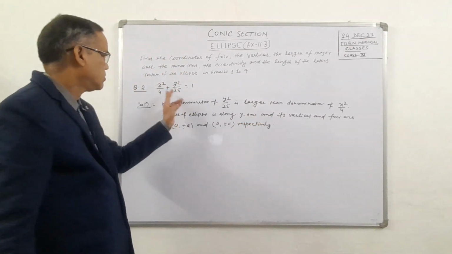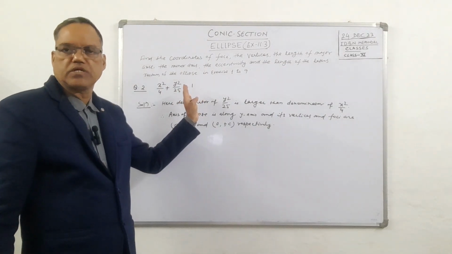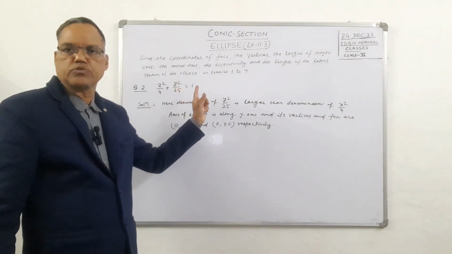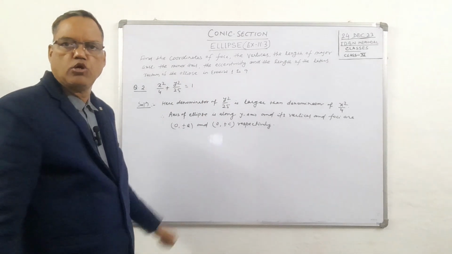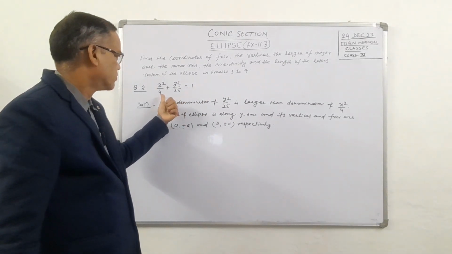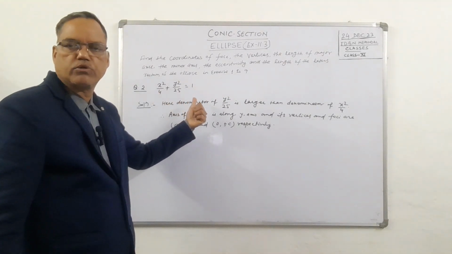Now when we compare this equation with x square by b square plus y square by a square equal to 1, we get b equal to 2 and a equal to 5.